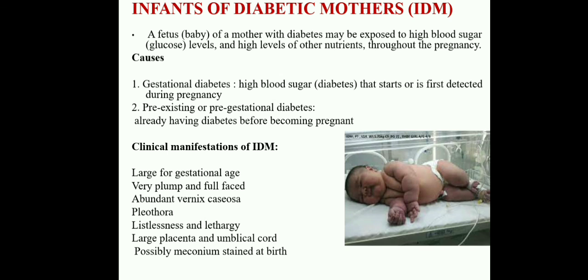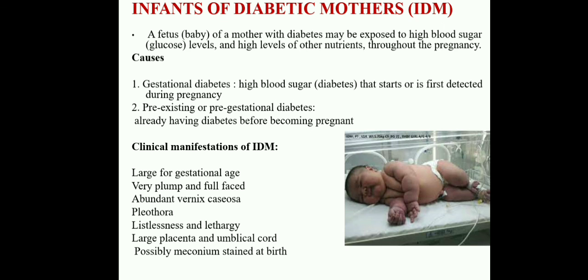The second one is pre-existing or pre-gestational diabetes, meaning already having diabetes before becoming pregnant. These are the two causes for the infant of a diabetic mother.